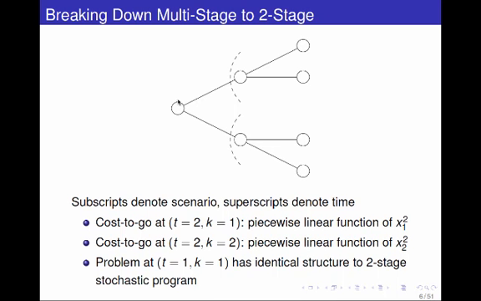I haven't written it explicitly here, but there's a bunch of constraints here also that link it to the previous time period, and those constraints create piecewise linear dependence on this x. So this function here is a piecewise linear function of this x that comes from the first period. This function here is a piecewise linear function of x. So when you sum up these two piecewise linear functions of x, the V of x is piecewise linear.